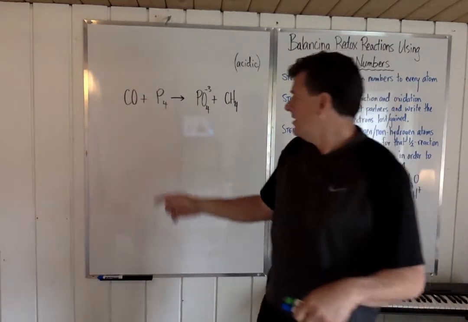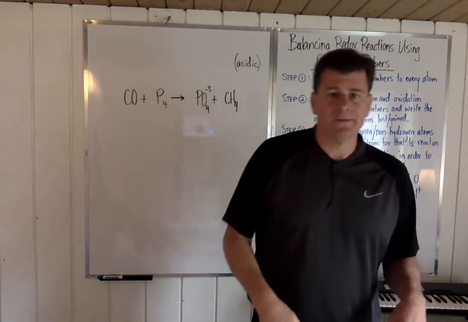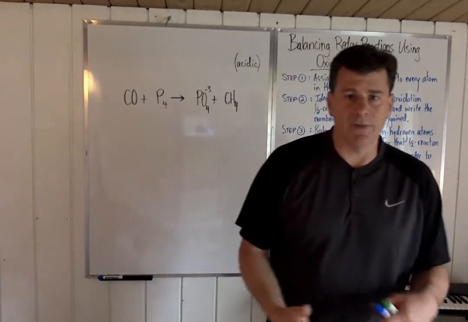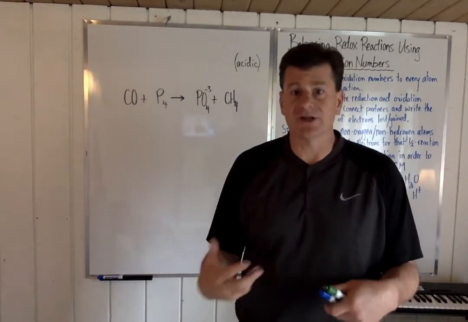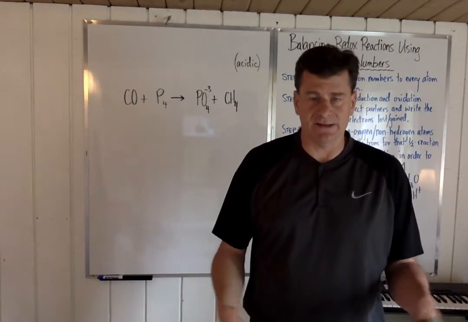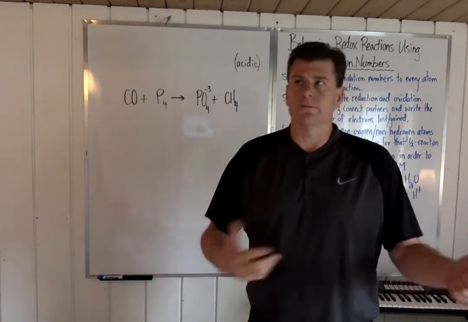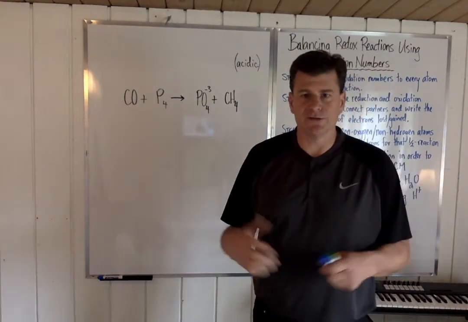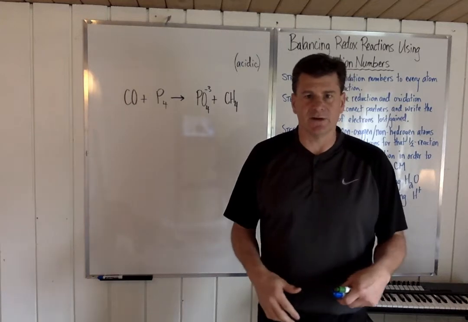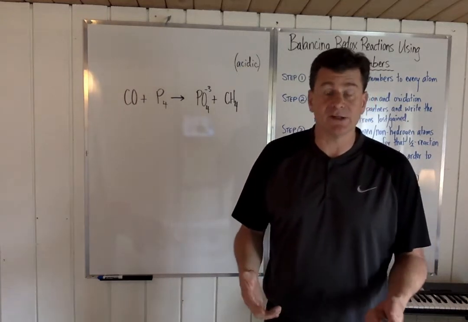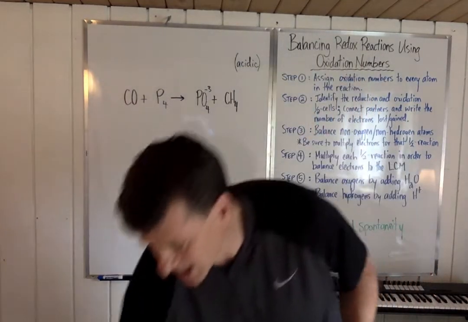You might have a chunk of P4 sitting at the bottom of a solution that has carbon monoxide dissolved in it. Not the most likely of scenarios, but that's the scenario I've got here for you. First thing we need to do is assign oxidation numbers.